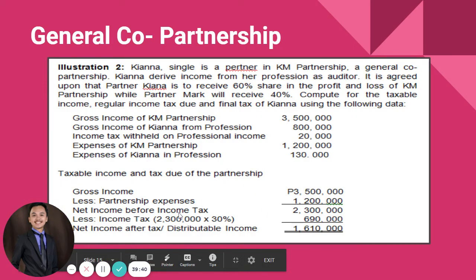So that means the net income before income tax of the partnership is 2.3 million. So reduce it by 30% because that is the tax due, you will be paying that. The corporation, or the partnership construed as a corporation, will be paying that income tax due. So we have 2.3 times 30%, so we have 690. So therefore, the amount distributable to Kiana and Mark will be 1,610,000. Okay?